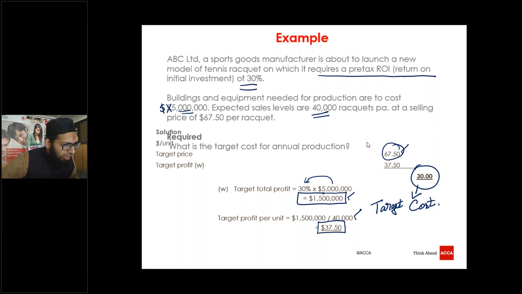One of the students has asked me, why don't you just use profit markup or margin? Here it depends on the example, it depends on the information, and that is where the examiner is curious to see that.